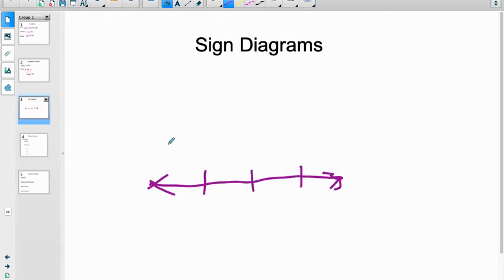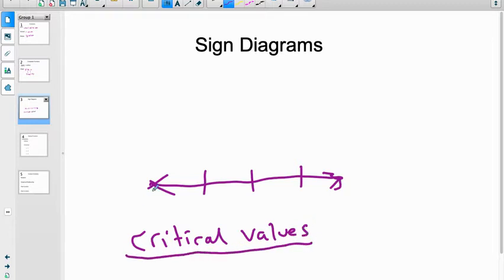So critical values will include things like x-intercepts, asymptotes, or where the function is undefined.